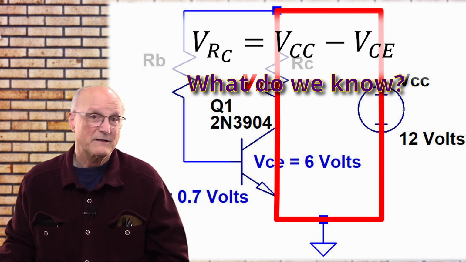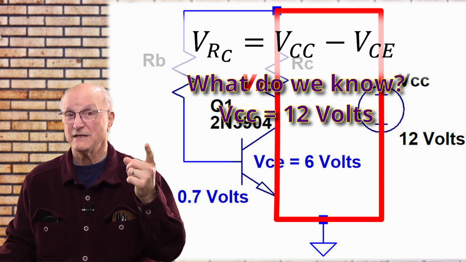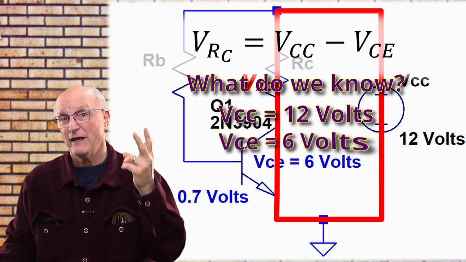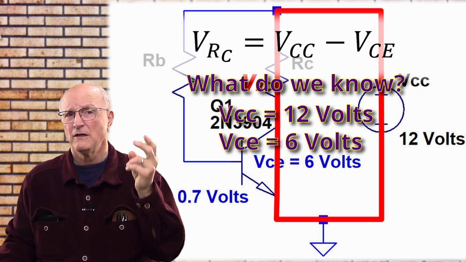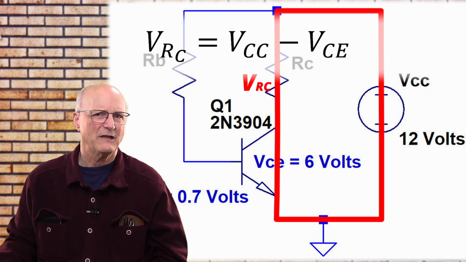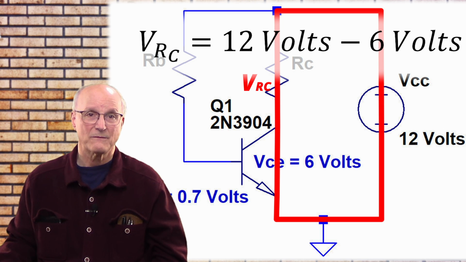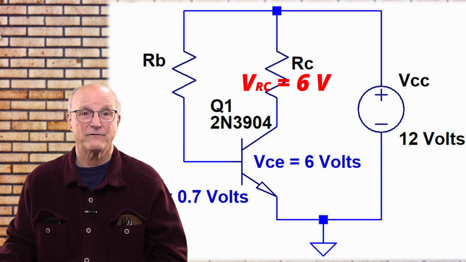So what do we know at this point? We know that the power supply voltage, or VCC, is 12 volts, and the target collector-emitter voltage, VCE, is 6 volts. So the voltage across the collector resistor is equal to 12 volts minus 6 volts, which gives us a voltage across the collector resistor of 6 volts.